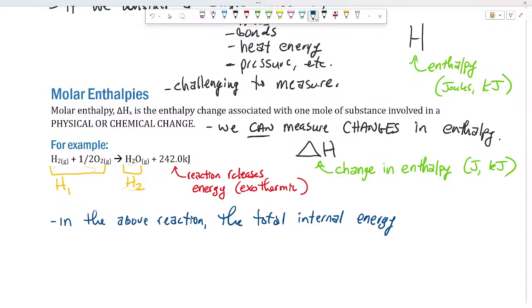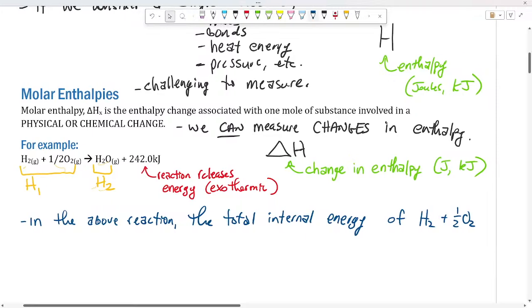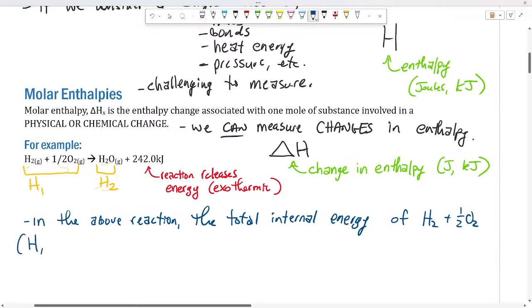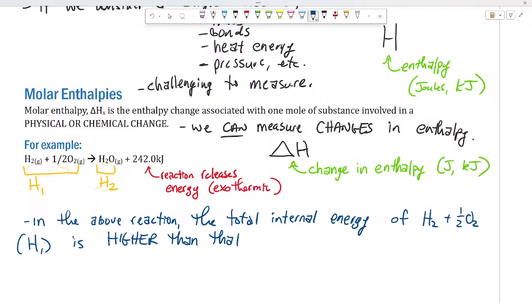So in the above reaction, the total internal energy of H2 and O2, which we're going to call enthalpy 1, is higher than that of H2O, which we'll call H2.